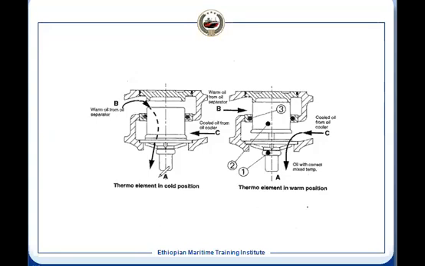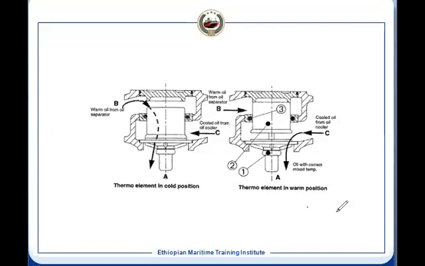So in this case, like that three-way valve we have seen, in cold position what will happen? B is the hot oil, and this is the cold oil. So in cold position, what will happen? This will come like this, and in warm position, this is the warm oil and this is the cold oil. So cold oil means when it is sensing high temperature, cold will come. When it is sensing cold, the warm oil will come.